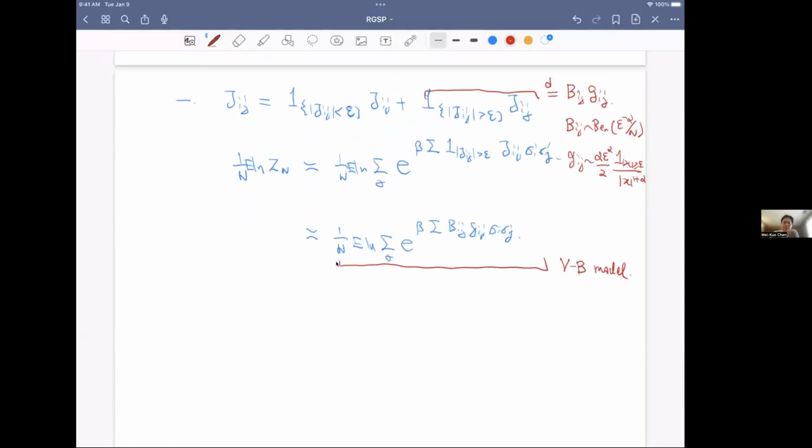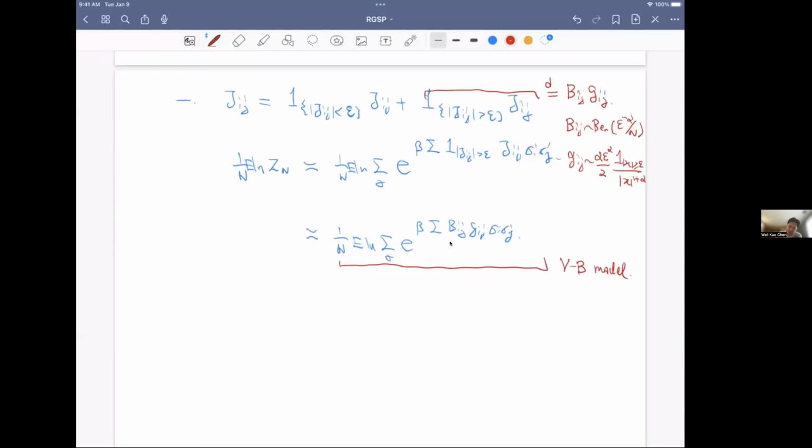But if you look at this model, when you have a Bernoulli edge here, it is very hard to analyze, at least mathematically. So one of the tricks is to remove the Bernoulli by substituting it with a Poisson random variable.